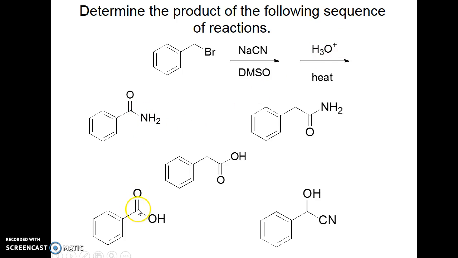This gives me a carboxylic acid, but there's 1 carbon here and 1 carbon here on the ring. We would add a carbon with the nitrile, so this can't be. The cyanohydrin, this would have had to have been a ketone here to make the cyano, or an aldehyde, to make the cyanohydrin. And to make this, we would have to do something to make it into an amide. So the correct answer here is this carboxylic acid.